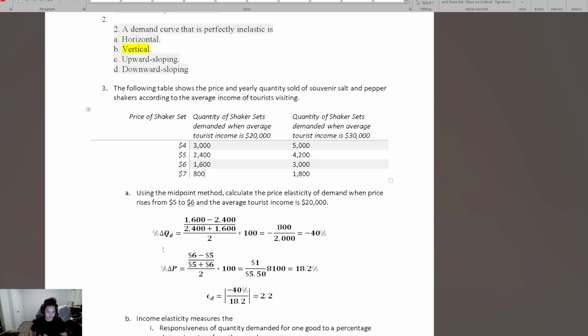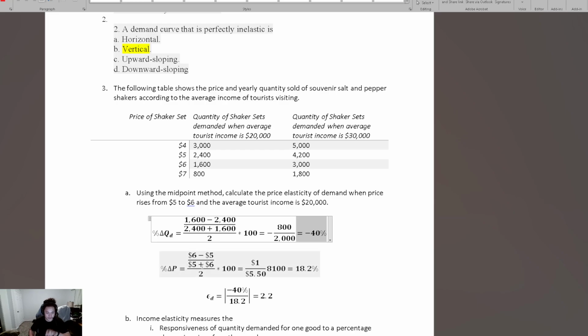And so as a result, when we calculate that percentage change in quantity, we're taking our Q2, so the price went up from 5 to 6, and so our new quantity, or our Q2 with our new price, is 1,600 minus Q1 divided by, then we have our Q1 plus Q2 divided by 2. And then we calculate that out and we get 40%. So this is just our percentage change in quantity.